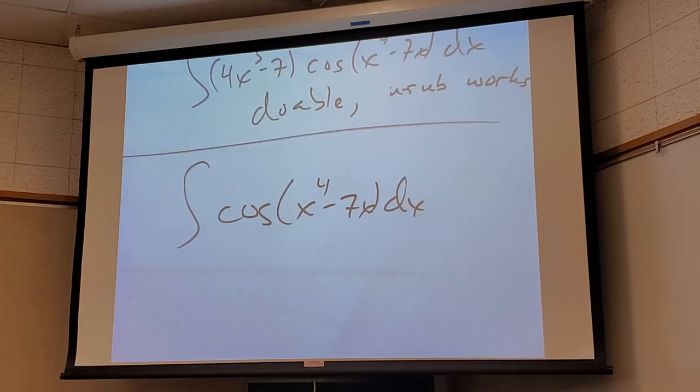But the minute it has that, if I'm thinking backwards now, derivative, I would also need 4x cubed minus 7. And I don't. Now, I'm not saying you cannot do this integral by hand, but with what we know now, we cannot do this integral by hand. Okay. Maybe. Let's come back to this.